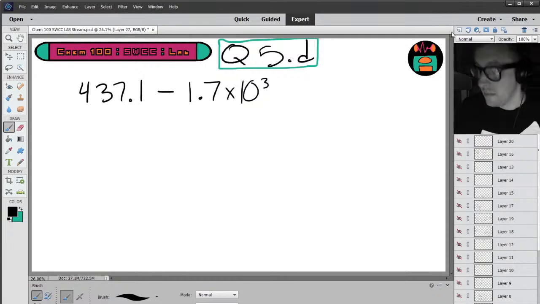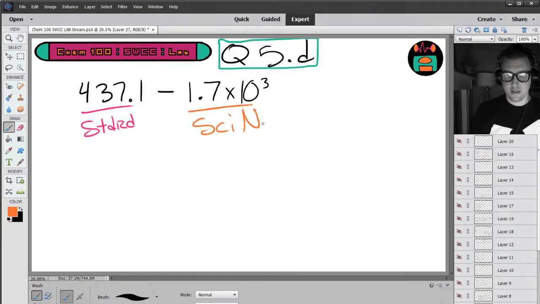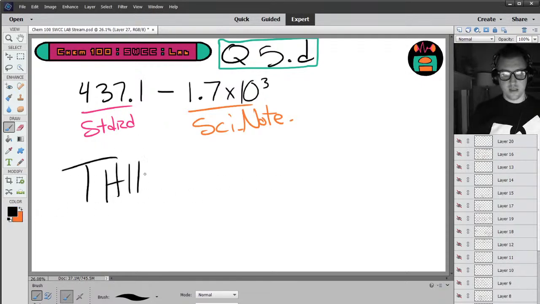Anytime someone asks you to add or subtract a number where you've got standard mixed with scientific, anytime you see that, where you add or subtract numbers that are given to you, one's in standard notation, one's in scientific notation, you should think one thing and one thing only.